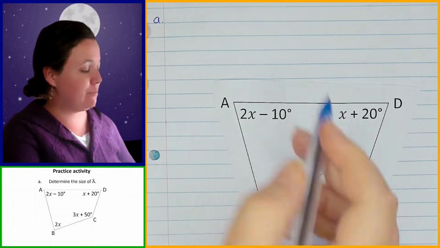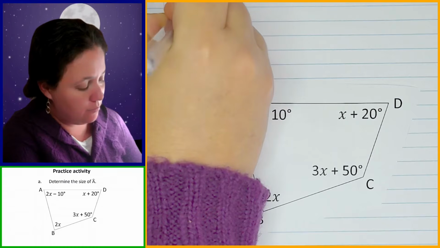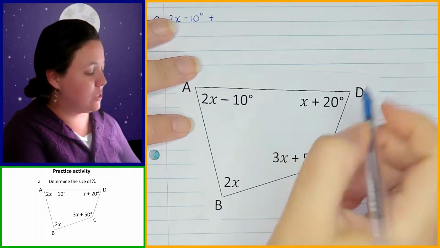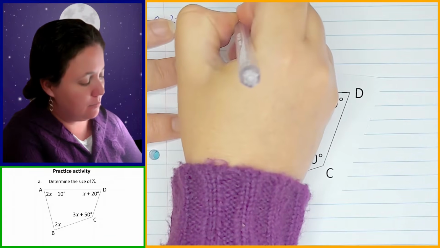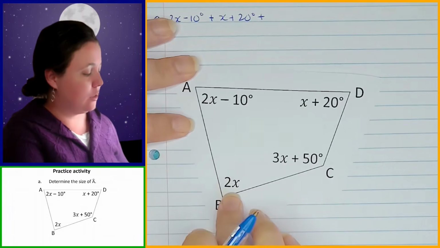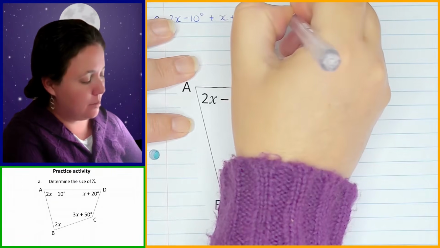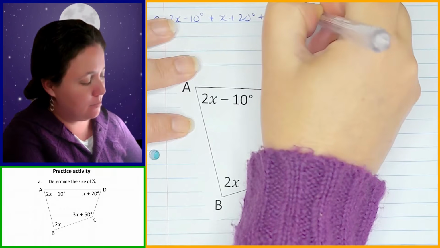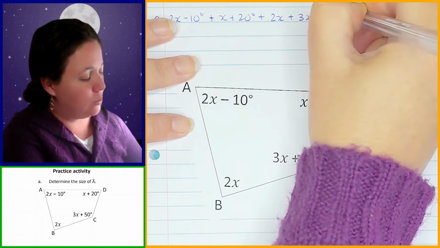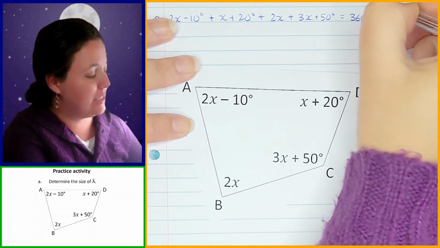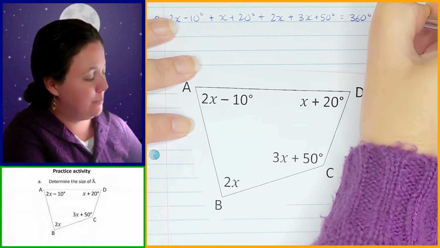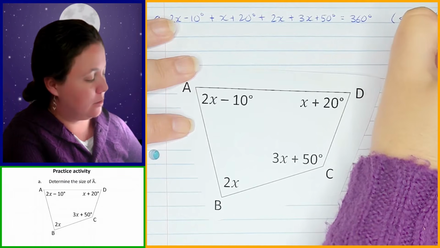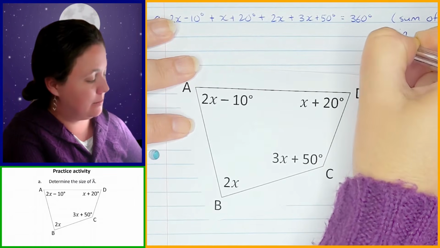So I'm going to say 2x minus 10 degrees plus x plus 20 degrees plus 2x plus 3x plus 50 degrees all equals 360 degrees. And the reason I know that is because of the sum of the angles in quad ABCD.